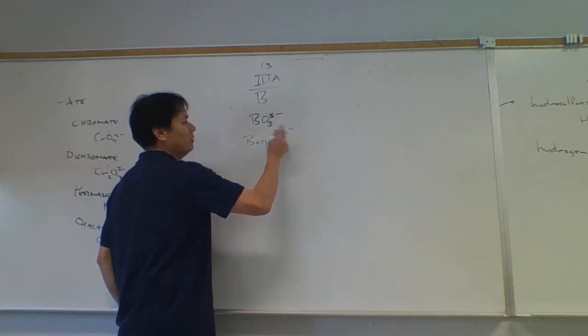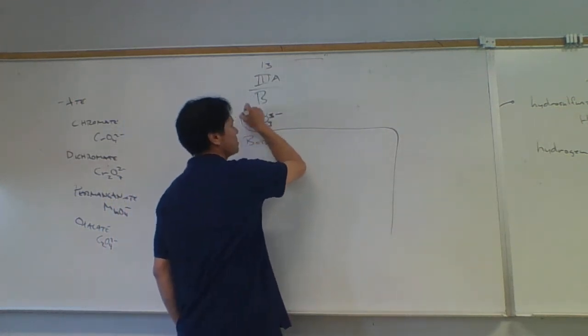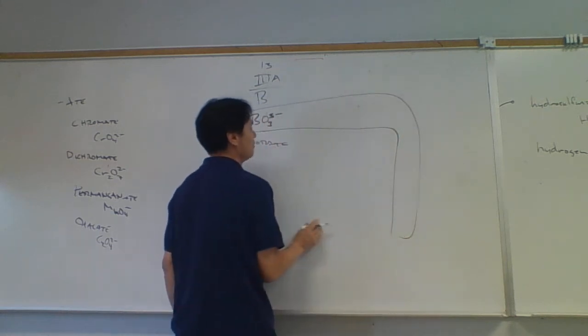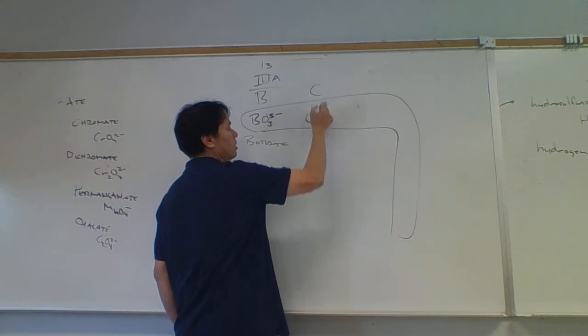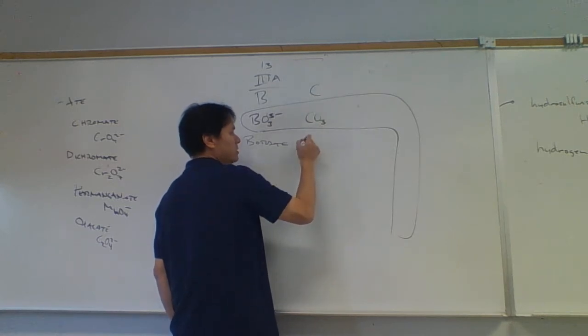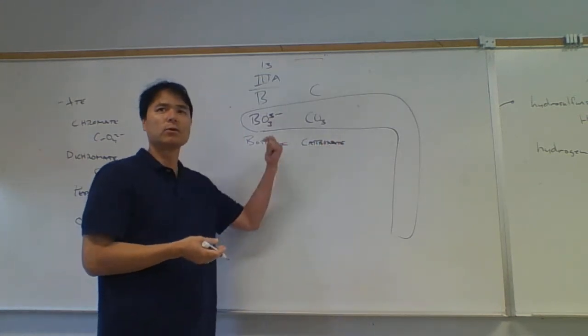And that means all the species in this series have how many oxygens? Well, all the species have 3, because the next one over is CO3. It's carbon. And this is called carbonate. And so I don't have to memorize carbonate if I know borate.